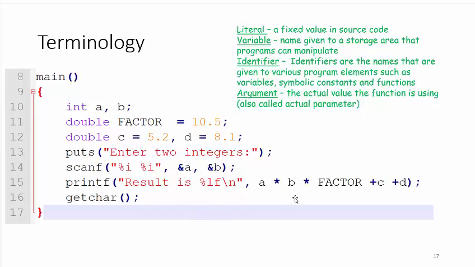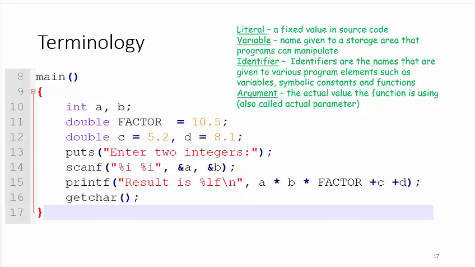So the argument is the actual value, not the variable that's sometimes a placeholder. The string "enter 2 integers" is the actual parameter, also called an argument, of this puts function in this instance. Let me go back and look at the website now and see what we need to do for that.